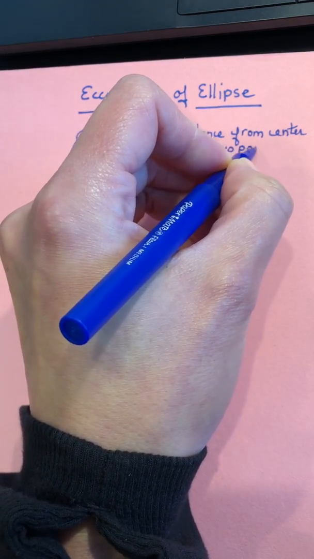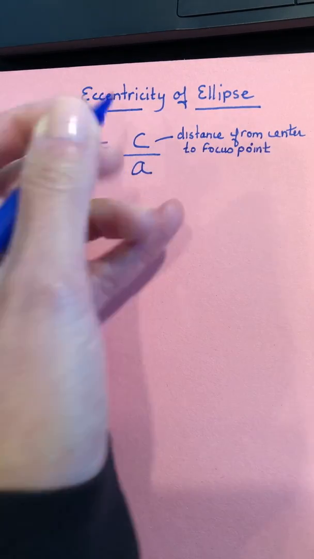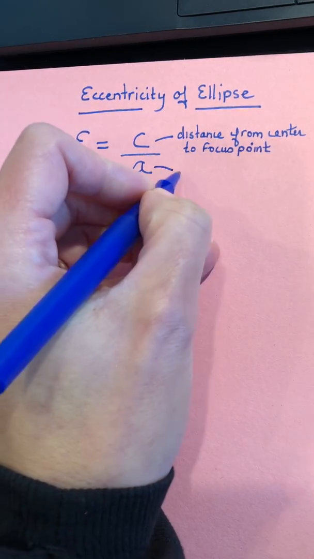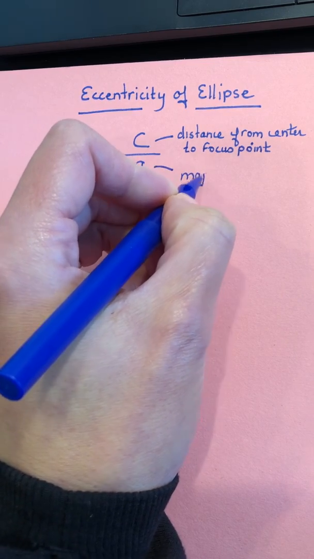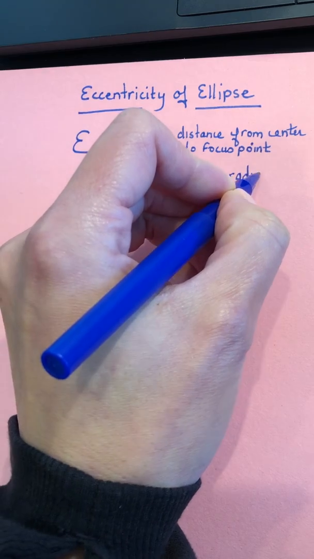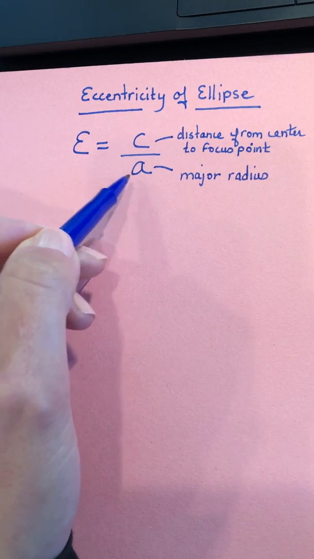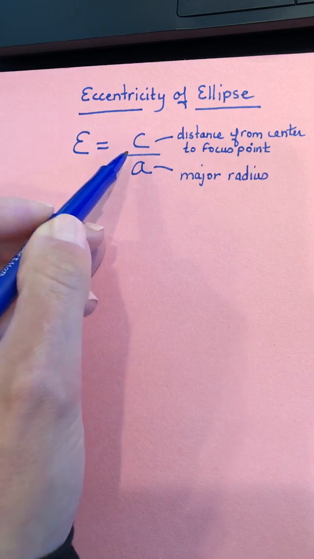Okay, and remember that the letter C was always on the major axis, and A was our major radius. So to calculate eccentricity, I take C divided by A.